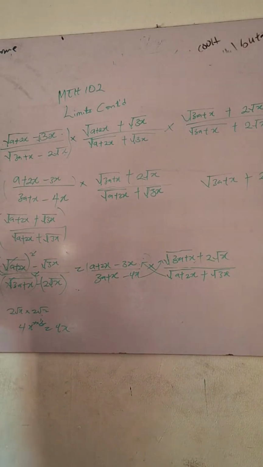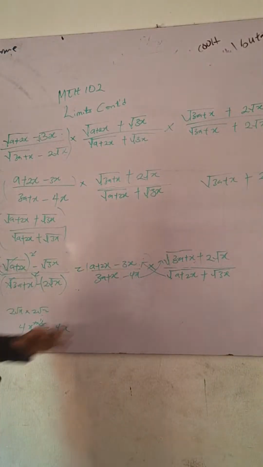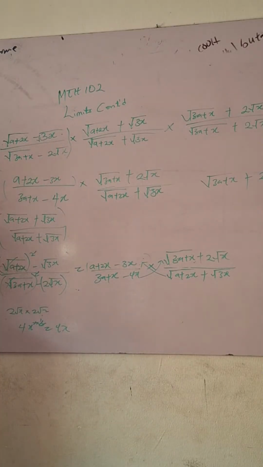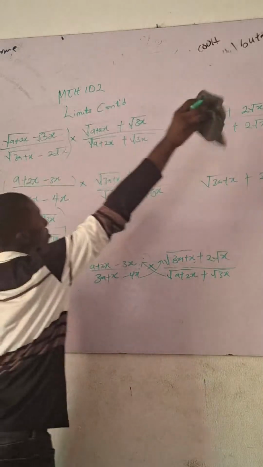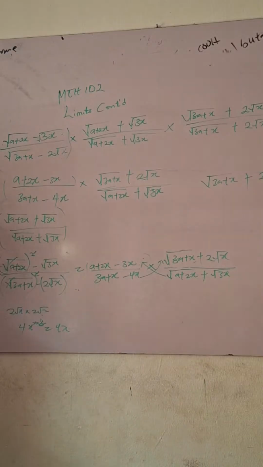If you don't understand this long process, you can just use this. Square your question, then multiply by the conjugate. By doing that, you've skipped this long line, then you've gotten to this place. If you don't get it, I can come again.